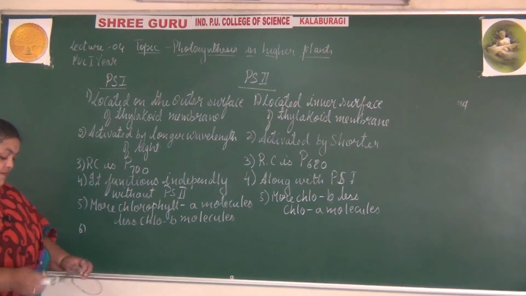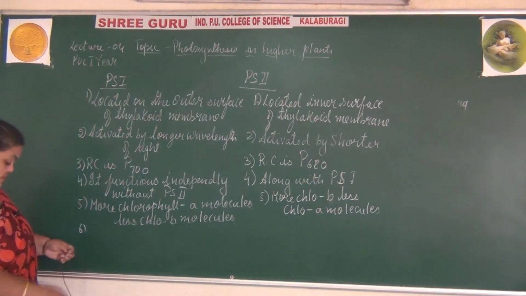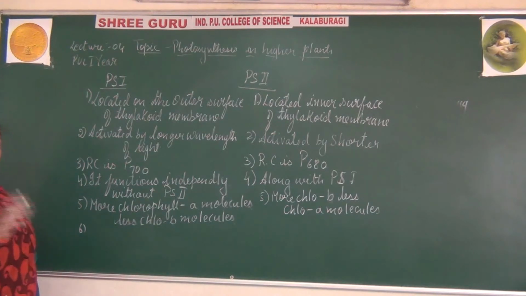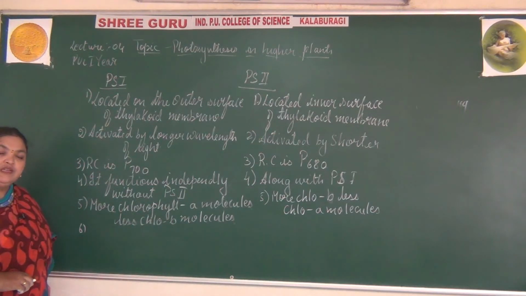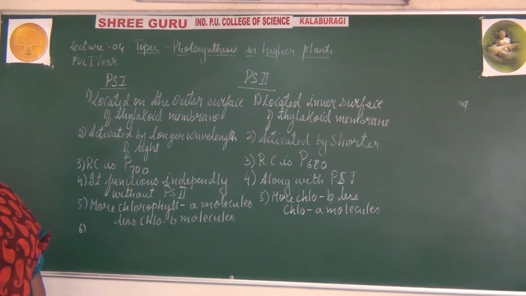Photosystem 2 is involved in a process called photolysis of water, where there is splitting of water molecules. During that process, oxygen is evolved.